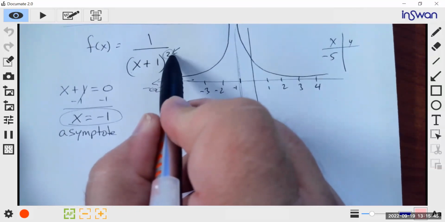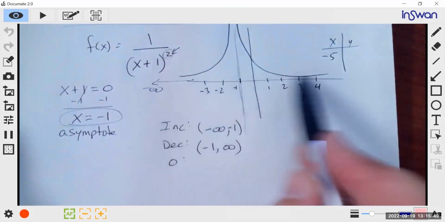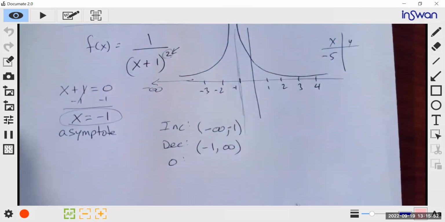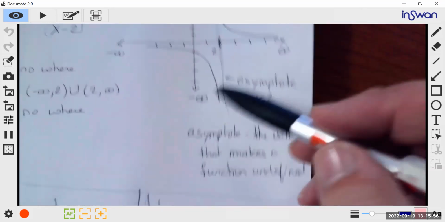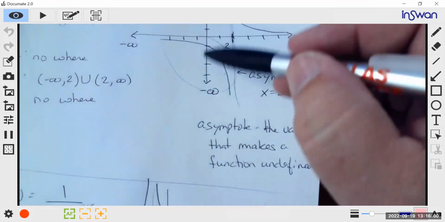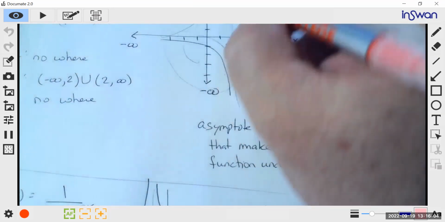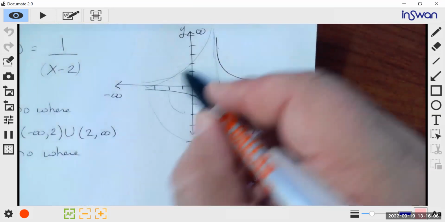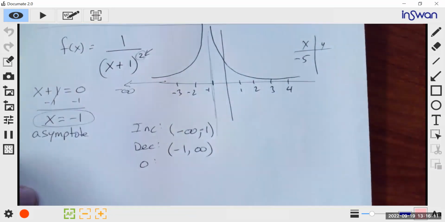So all this does is make all my answers positive, so I know it's above the x-axis. The difference between this equation and that one is that if I couldn't have negatives, I'd flip this up. So how can we get the bottom out of there? We flip it up.